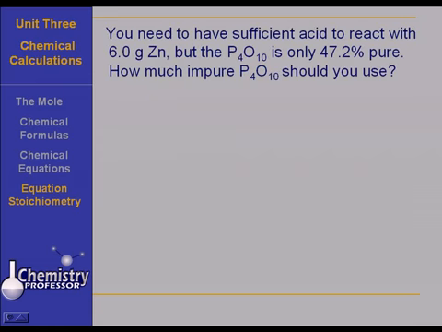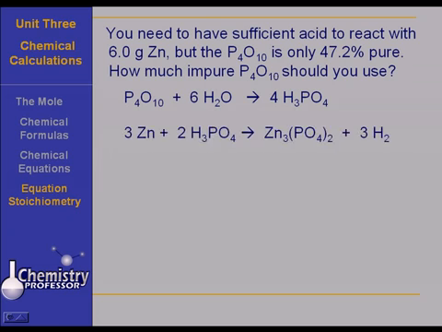This is the kind of problem that gives students an awful lot of difficulty because we're asking you to find how much of an impure substance you should use. In this problem, we're going to use the same series of equations that we used in the previous problem. We're going to have P4O10 reacting with water to produce phosphoric acid, and we're going to take that phosphoric acid and allow it to react with zinc.